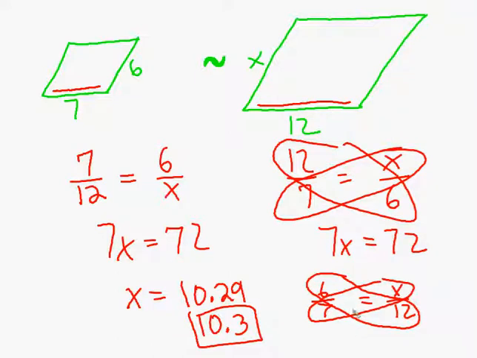Will it be like that for every one of them? Yeah, as long as you're consistent. So if you compare short side to long side, your comparison just has to be the same. I can't just randomly switch it around. So which one do you prefer to do? It doesn't matter. Just be consistent. Whatever way you understand it is fine.